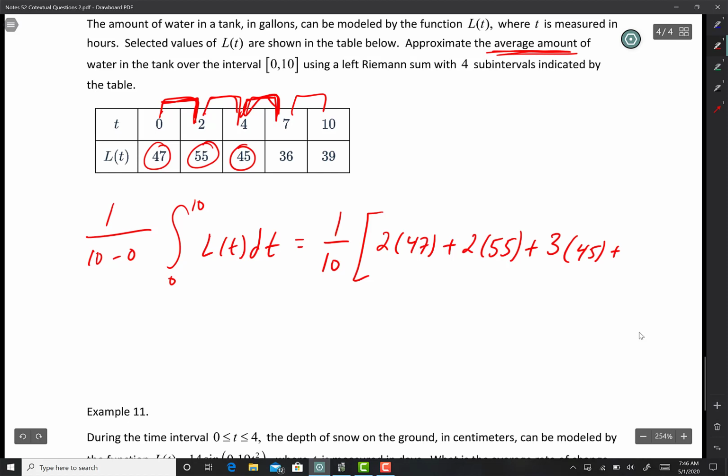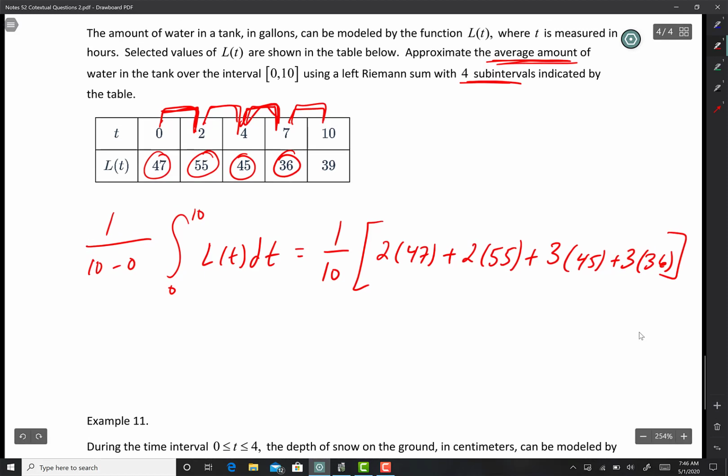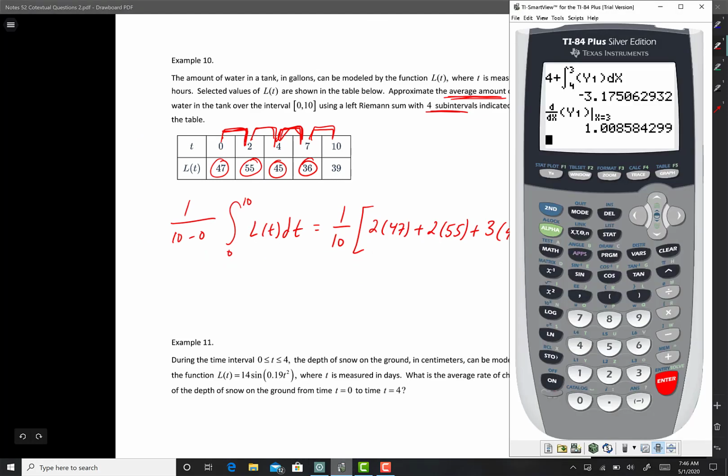Plus, 1, 2, 3, did I already do all of them? It said, oh yeah, 4. 7 to 10 is another 3, and I'm using 36. There it is, 1, 2, 3, 4. It said 4, so I'm good. And actually, you can leave it like that, but Delta Math is not going to want it like that. So let's go ahead and take out the little calculator.